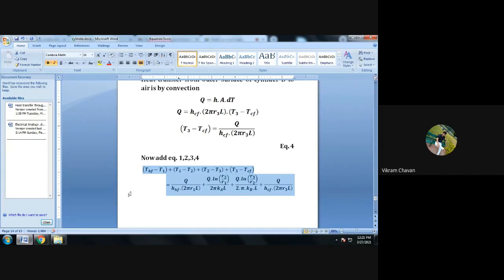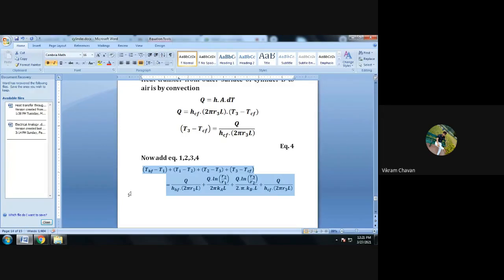We have added all the 4 temperature distribution equations, in such a manner that all the temperatures are on one side and the other terms on the other side. Left hand side added on left hand side and right hand side added on right hand side.